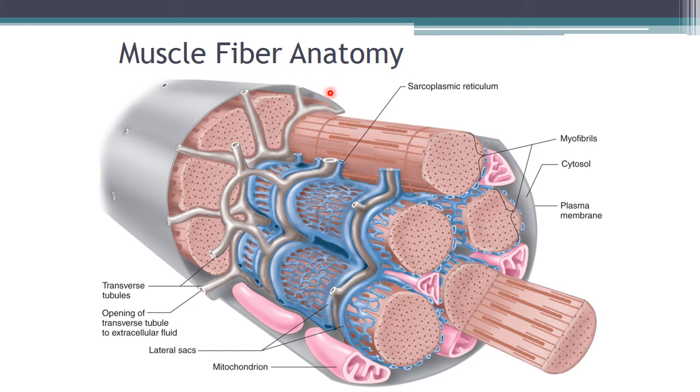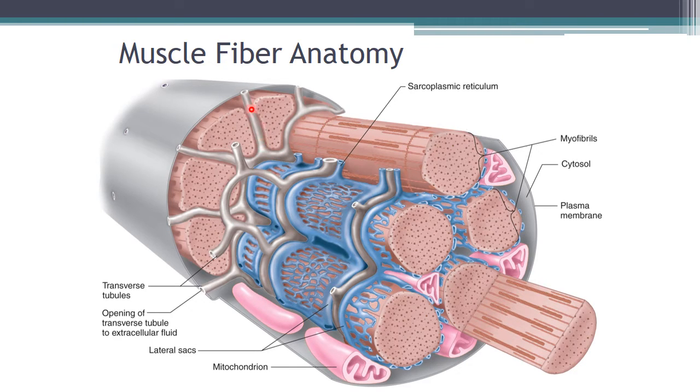When you're looking at your muscle fiber or muscle cell, the first thing to look at is the plasma membrane of the muscle cell, demonstrated for you here in gray. Technically the plasma membrane of a muscle fiber is called the sarcolemma. Now that plasma membrane has folds in it, and these folds form tiny tubes that pass through the center of the muscle cell and create a network of tiny tubes.